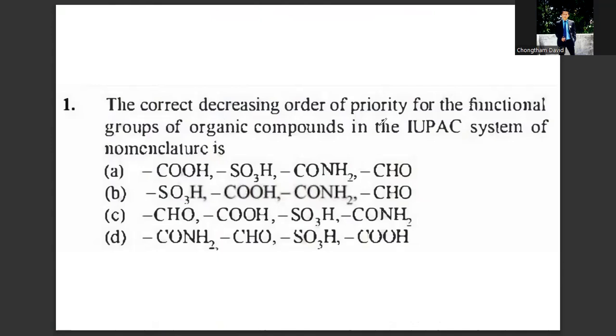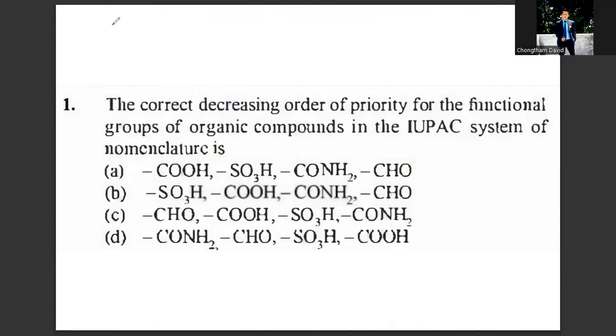You are given different functional groups here: carboxylic acid, sulfonic acid, amide, and a carbonyl compound, aldehyde. This is a very fundamental point which you have been learning in your class 11 NCERTs. It's there in your NCERT textbook. You can refer to it.